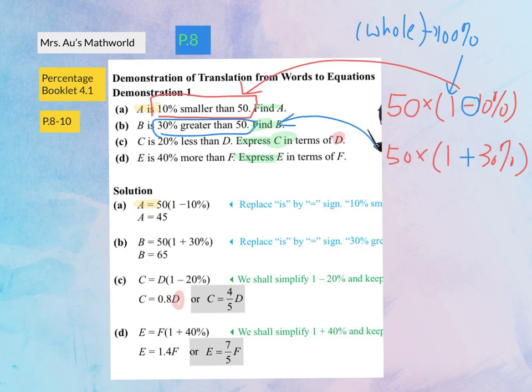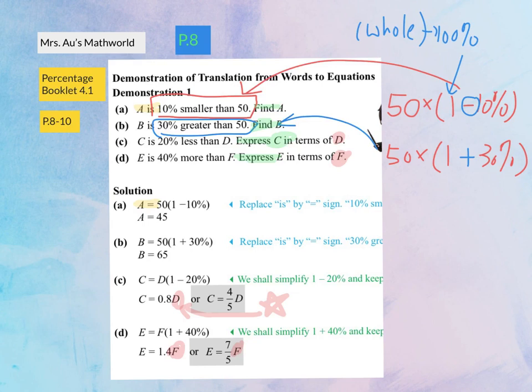So if you do it similarly in part E, express E in terms of F, that means the answer will have some F here.